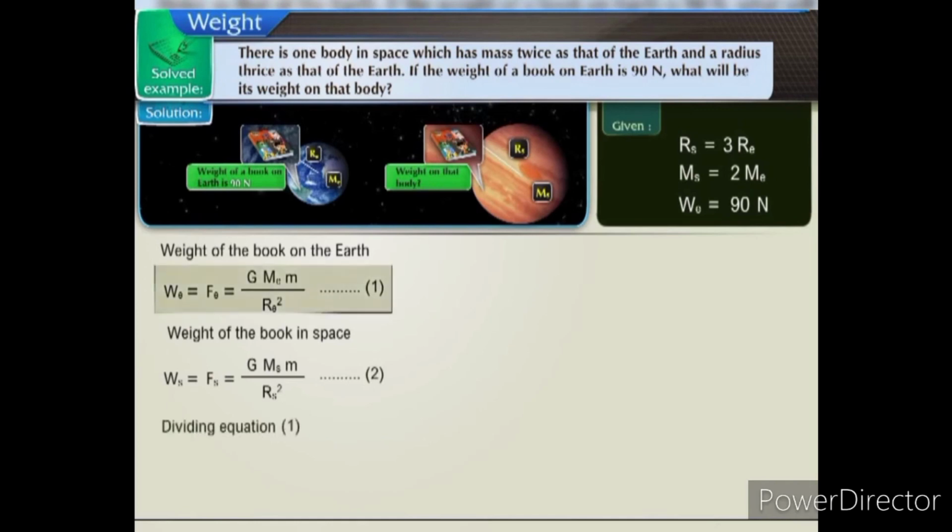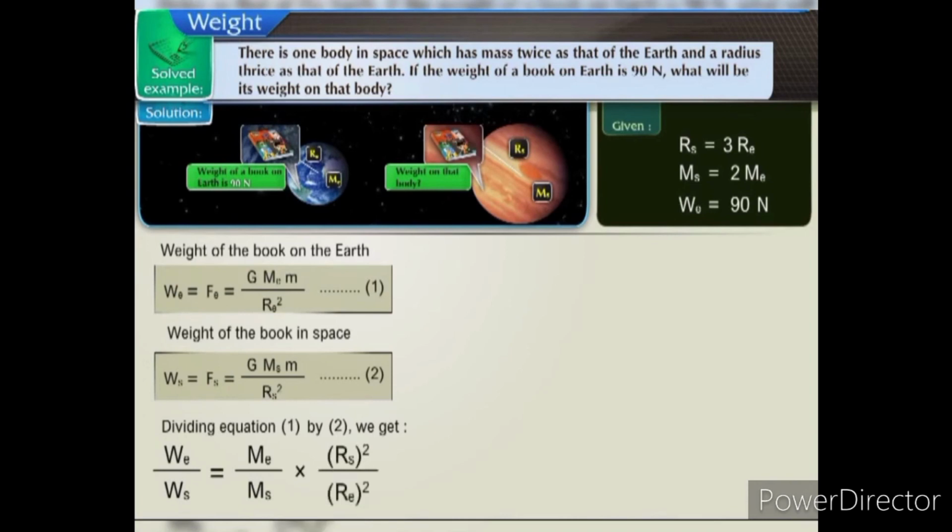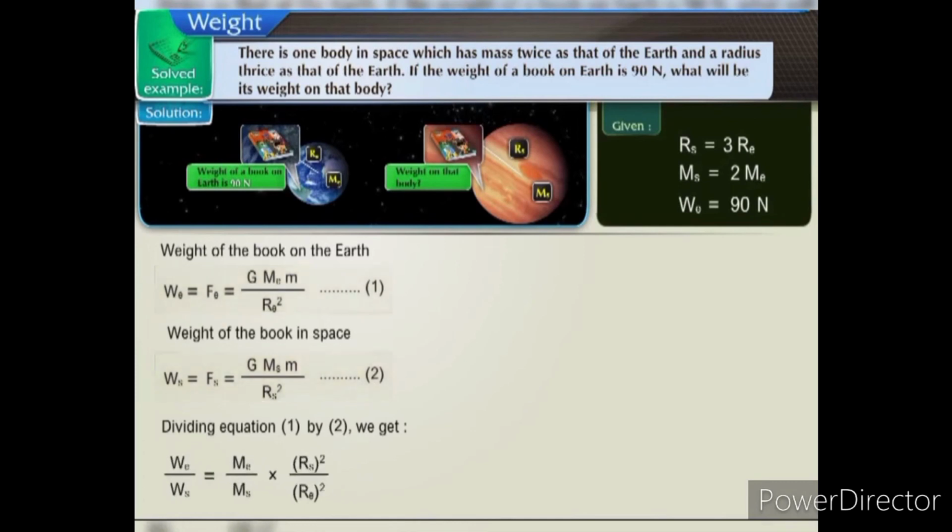Dividing equation 1 by equation 2, we get We upon Ws is equal to Me upon Ms into Rs on the whole square upon Re on the whole square.